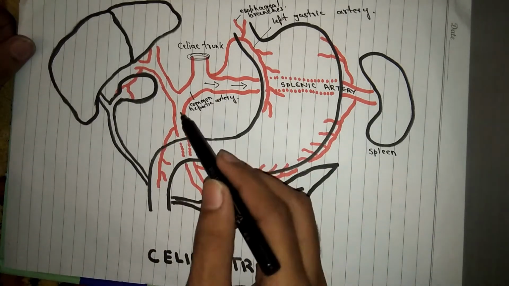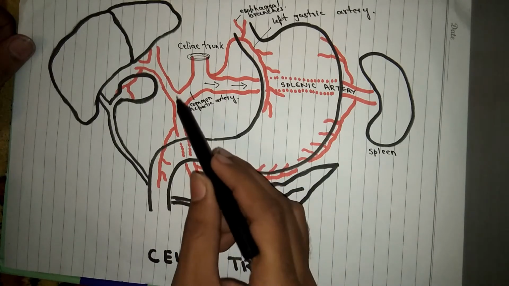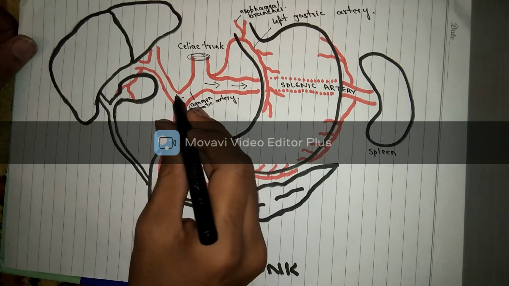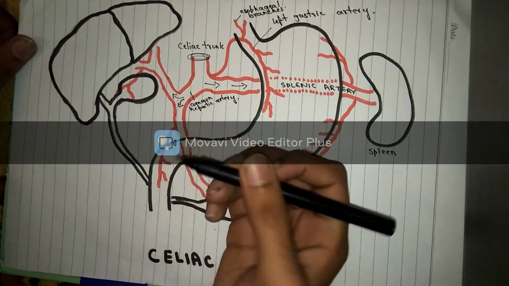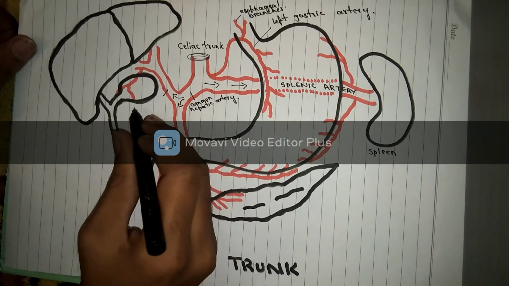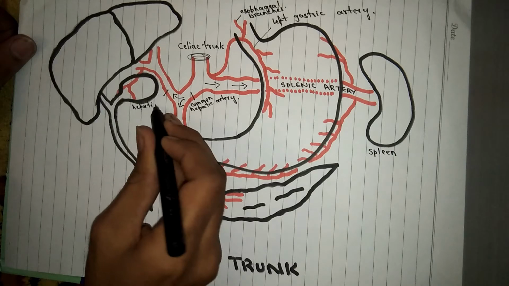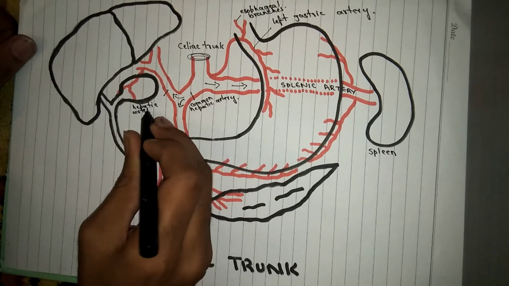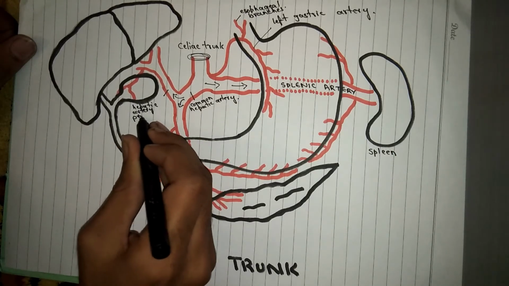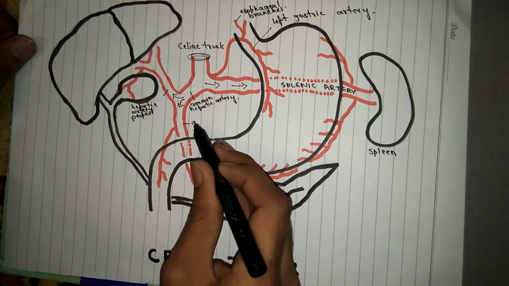Okay, so the common hepatic artery is going to further divide into two main branches. The first artery is the hepatic artery proper, and the second artery is the gastroduodenal artery.